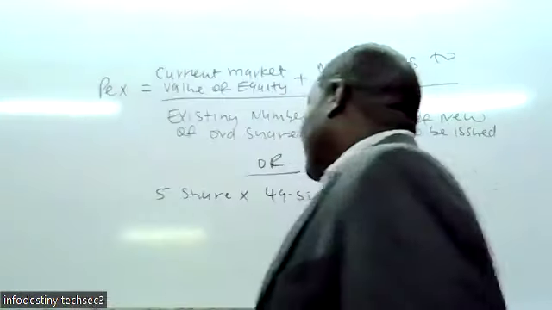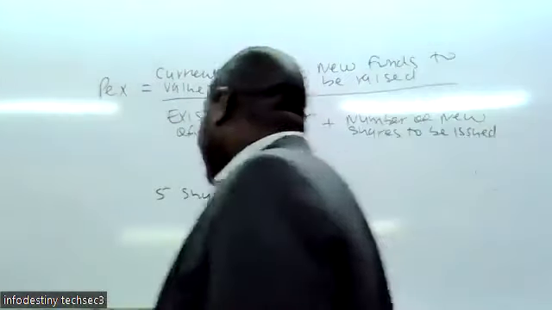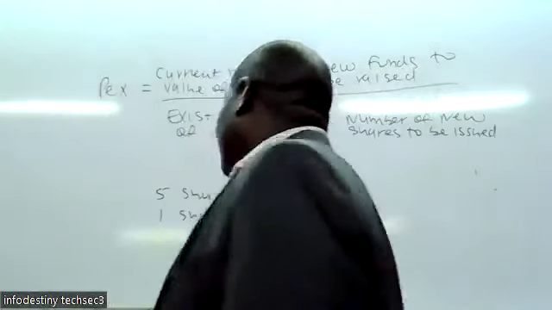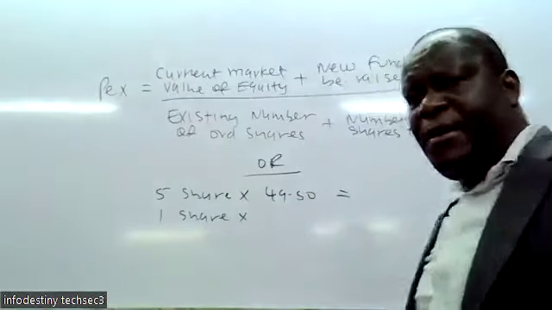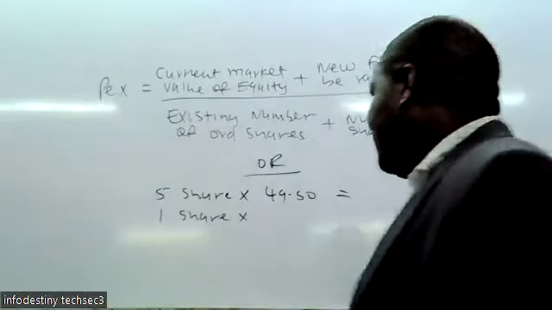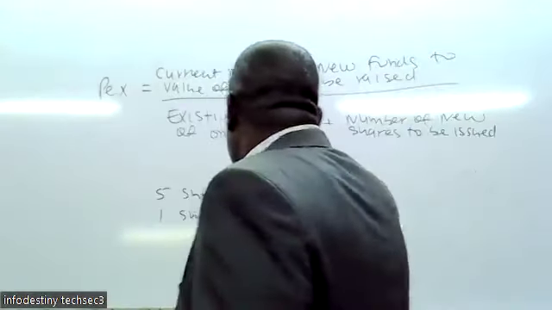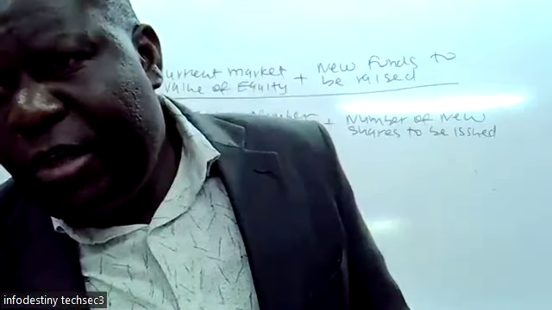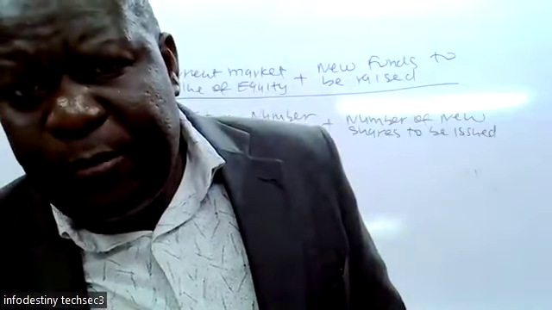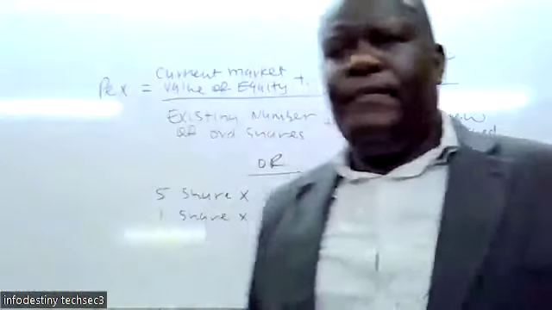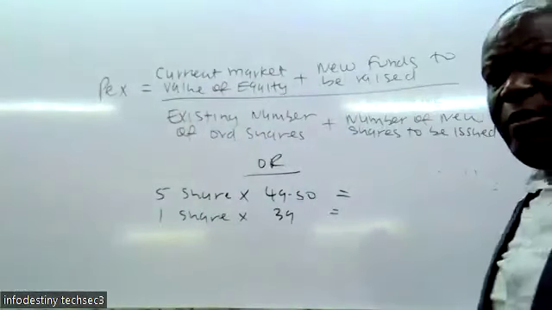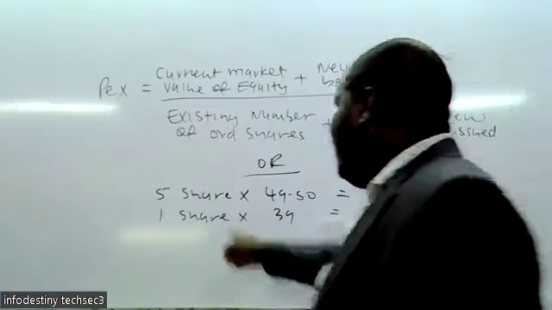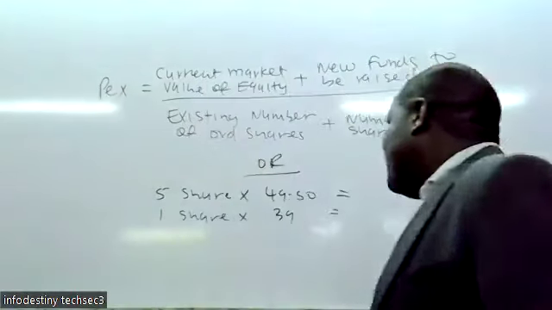When you have 5 shares, you acquire 1 new share. That 1 new share, we value it at the offer price.